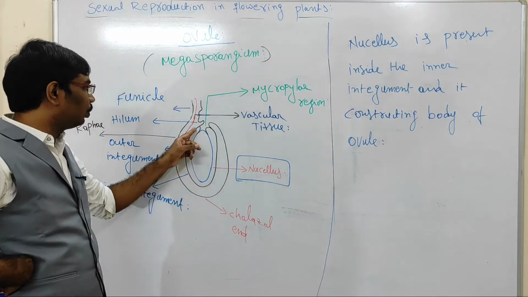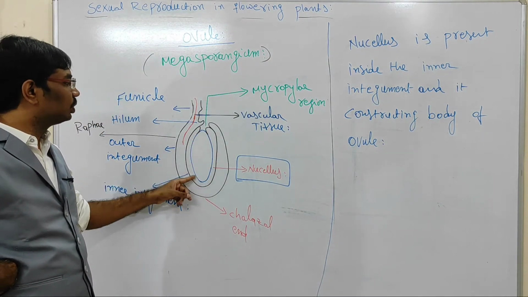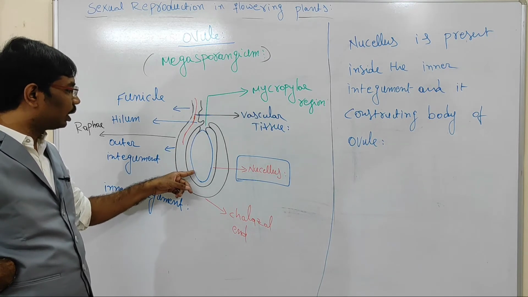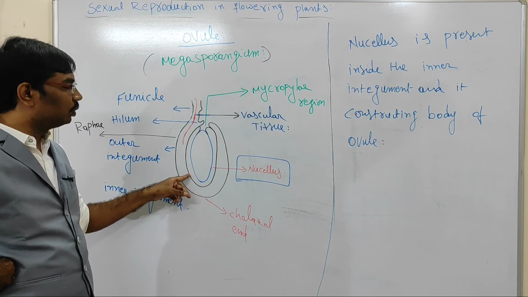So the body of the ovule is created because of the nucellus. So this area between the blue line and the black line is called nucellus.